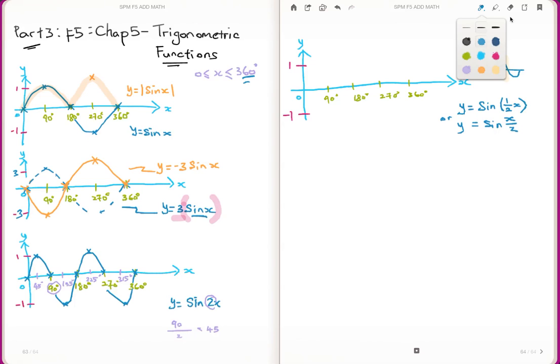Okay. So start with, again, sine 0. 0 times any number is 0. Sine 0 is 0, right? How to get the maximum? Is sine 45 the maximum? No. Then proceed to the next one. Sine 180 by 2, sine 90. So sine 90 is 1, so the maximum is here. You substitute this number into x.